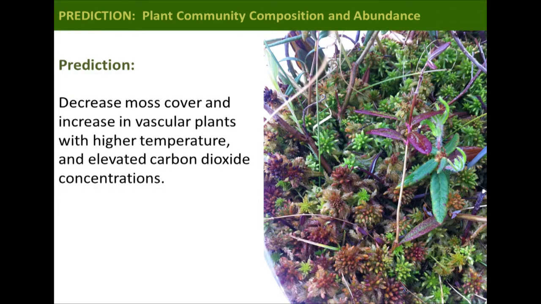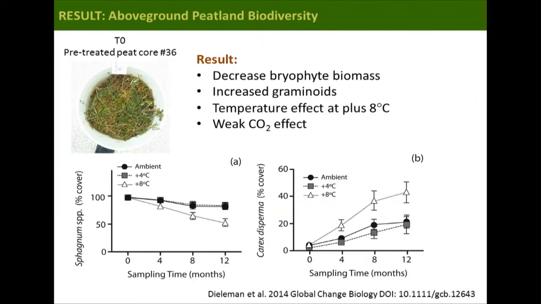And so our first prediction was about this above-ground biodiversity and changes in the above-ground vegetation. Specifically, we thought that elevated CO2 and elevated temperature was going to enhance vascular plant growth at the expense of the sphagnum cover. And for the most part, our predictions held.